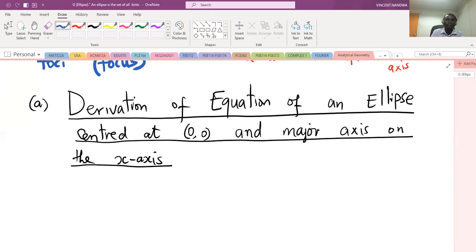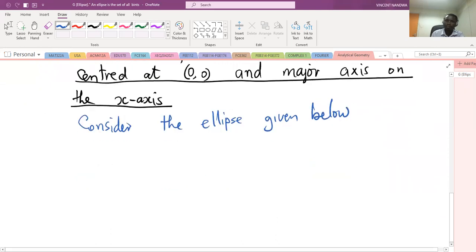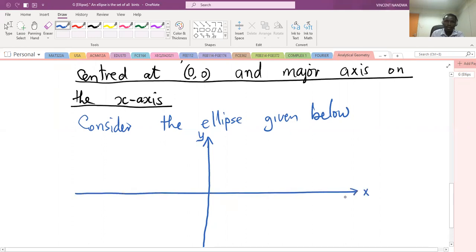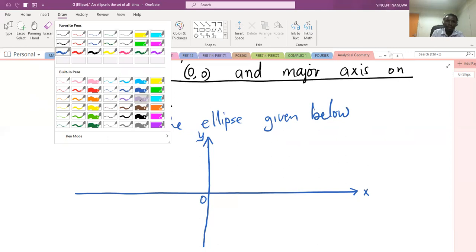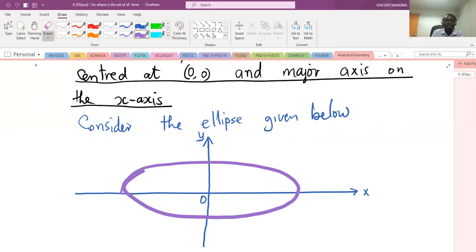So consider the ellipse given below. We have this as the y-axis, this as the x-axis, and this is the center of our ellipse, so call it O. And let's have this as our ellipse.